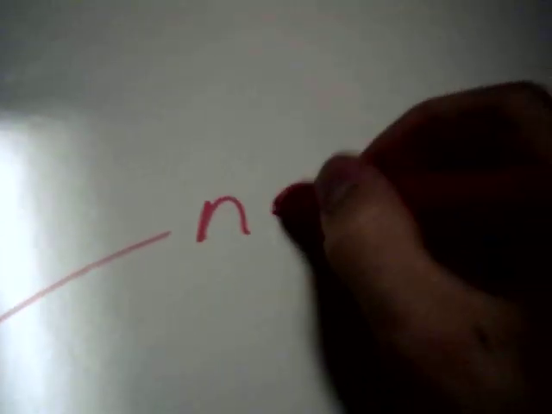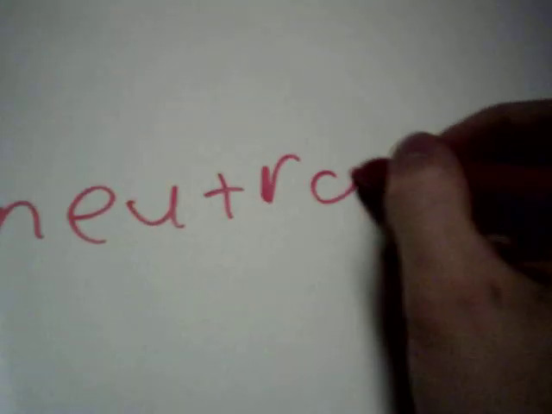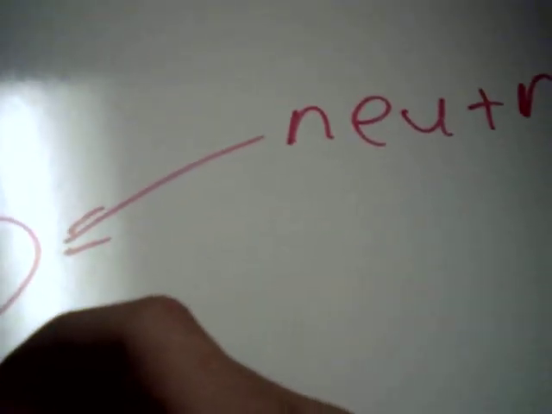Okay. We've seen an electron before, right? So you've got your nucleus right here. Just say this one's a neutron. This one is a proton.